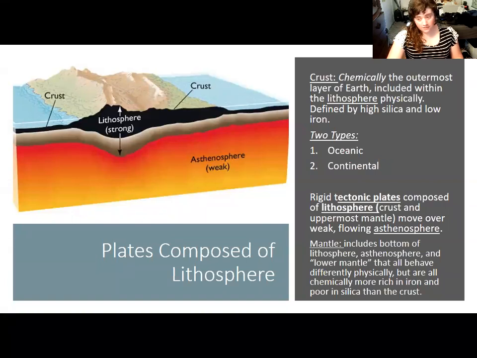and it consists of the crust, which is defined chemically by having so much silica. The crust is the outermost layer of the Earth. It's honestly quite thin compared to the rest of the layers. It's what we're walking on, and it's also what underlies the ocean floor.